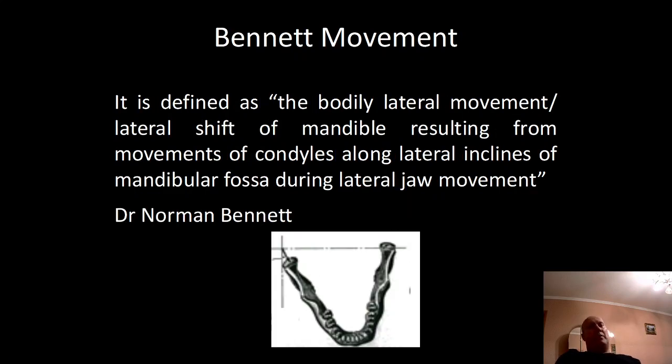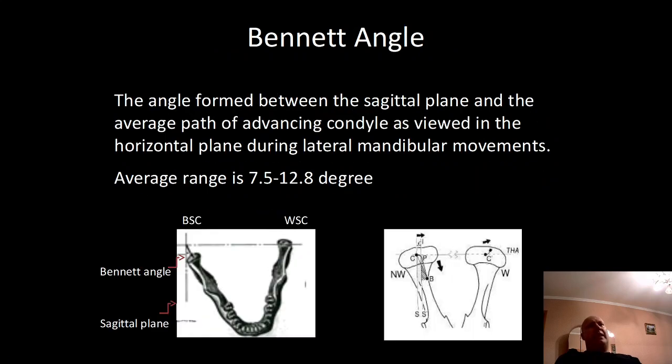Bennett movement. It's defined as the bodily lateral shift of the mandible resulting from movements of the condyles along lateral inclines of the mandibular fossa during lateral jaw movement. Bennett angle.